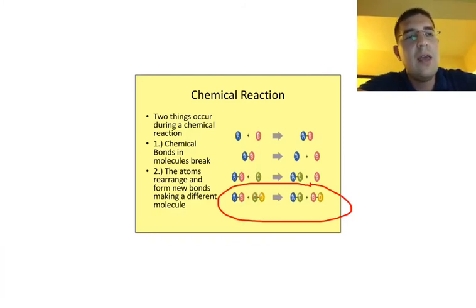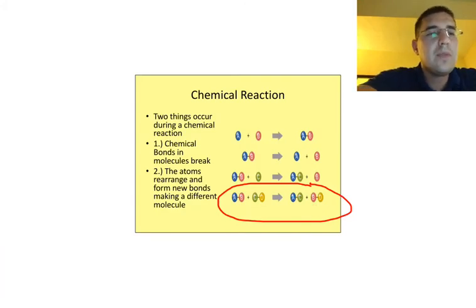This is the beginning, and the end is over here. We call this part of the reaction the reactants, and these are the products. And the plus sign means that it's a separation of two individual molecules.